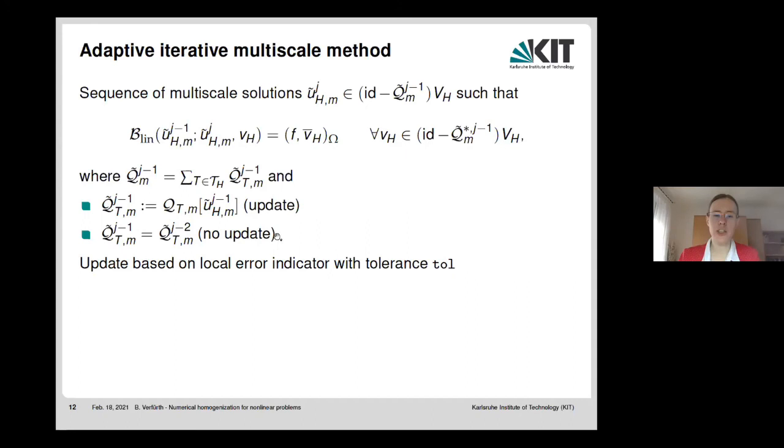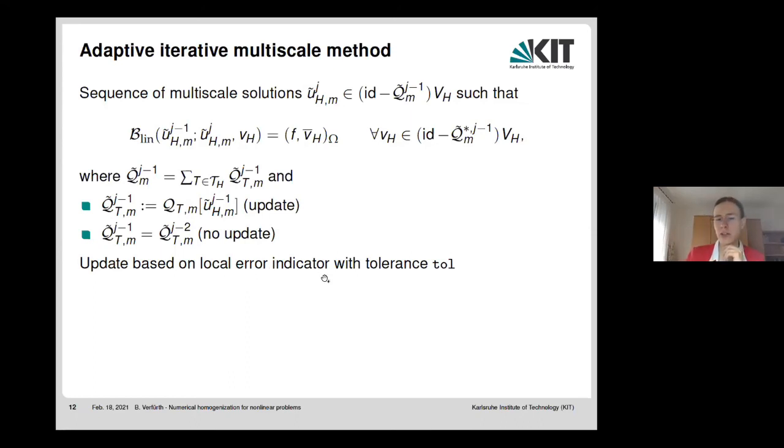And the decision on each element, whether you update or do not update the correctors, is based on a local error indicator that I do not want to give you in detail here, but basically it measures the difference between U tilde_{J-1} and U tilde_{J-2} on a local patch.